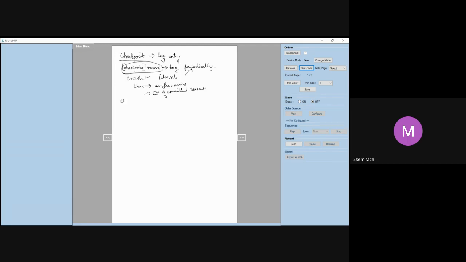So what are the steps that have to be done by the recovery manager if a checkpoint has to be taken? First and foremost, you have to suspend the execution of all the transactions temporarily. Then, all the memory buffers or pages which have been modified have to be written from the memory onto the disk.